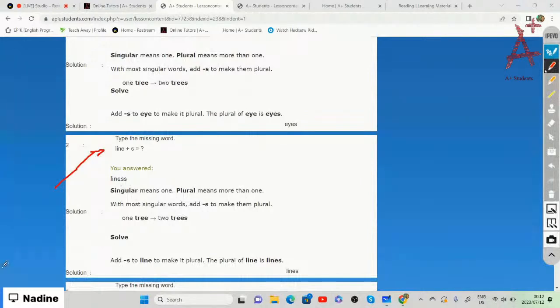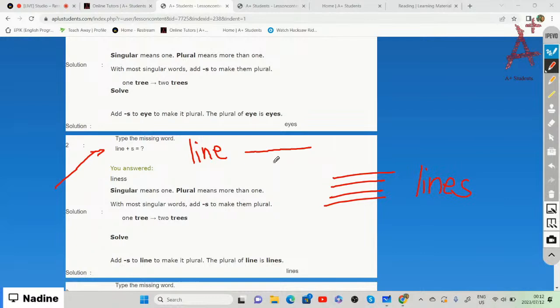Line. So we have one line, right? So that is singular. That's only one. There we have a line. But if we want to refer to one, two, three, four lines, right?